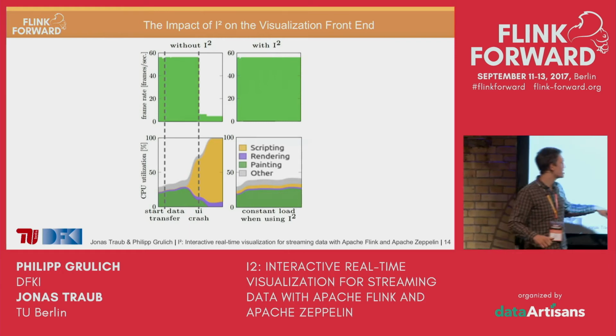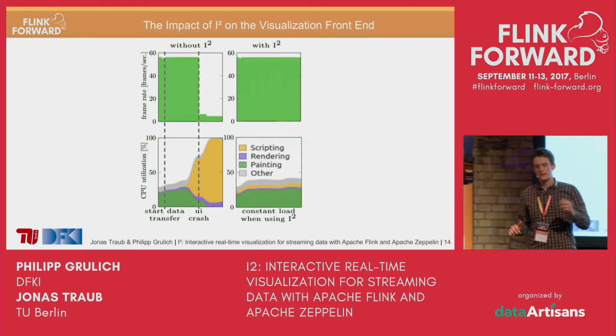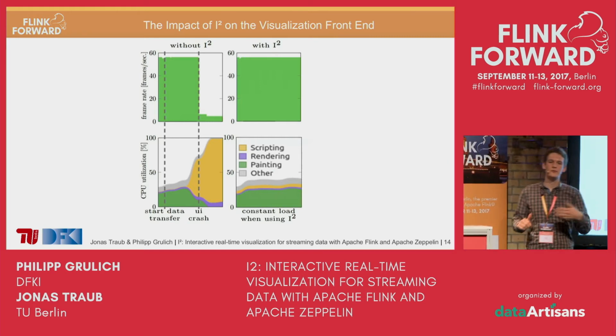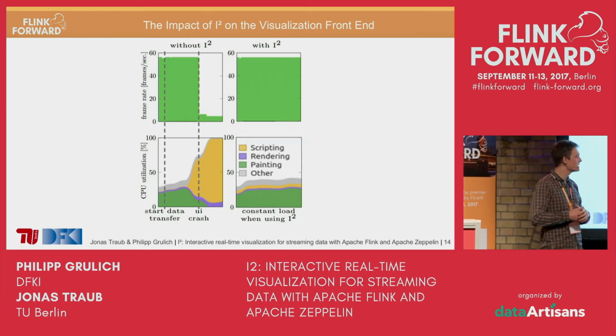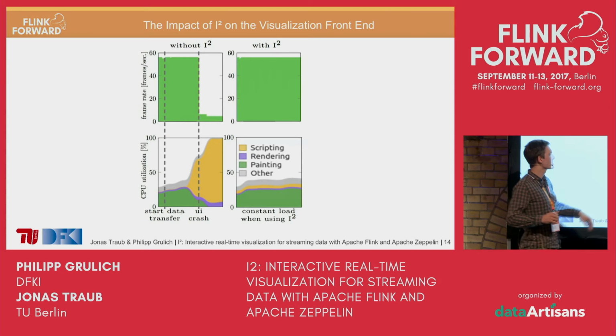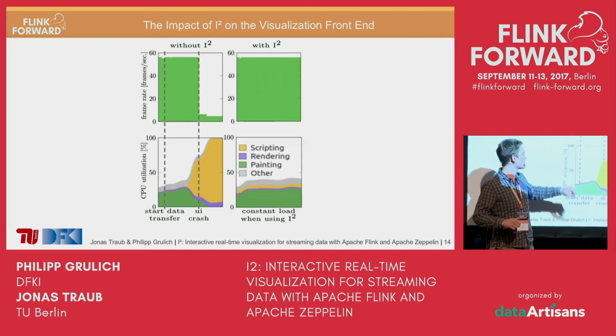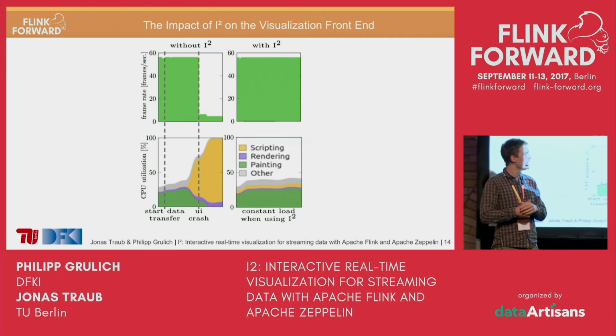However, after a while, we get a lot of scripting overhead, which is because the processing in the browser cannot keep up with the 12K data points. And this drawing and painting takes a lot of load, so we cannot keep up with the frame rate, and we get a UI crash.